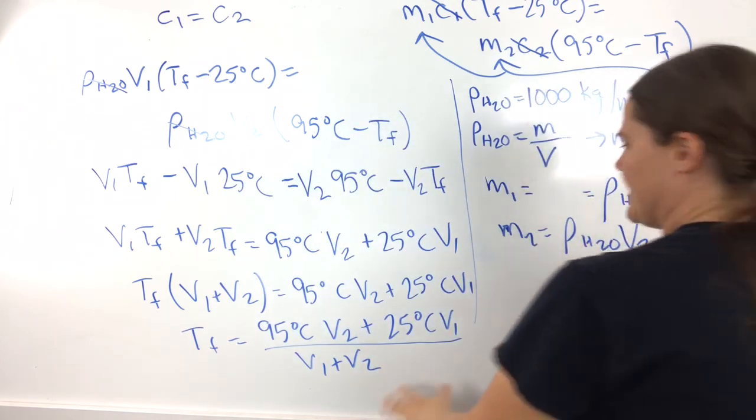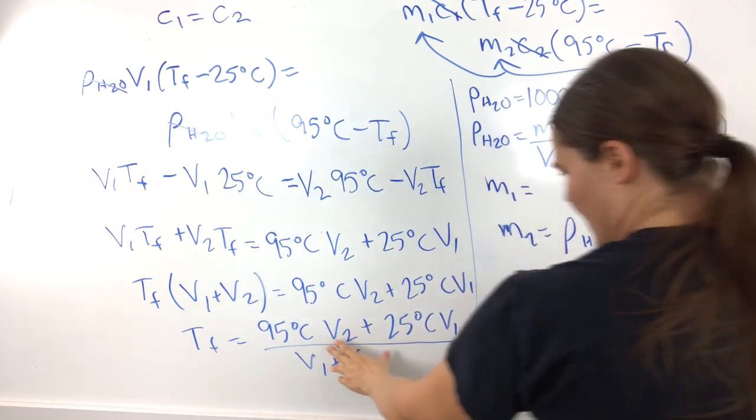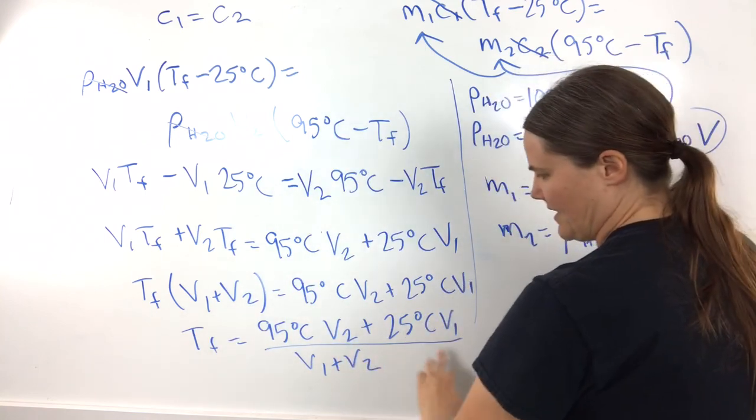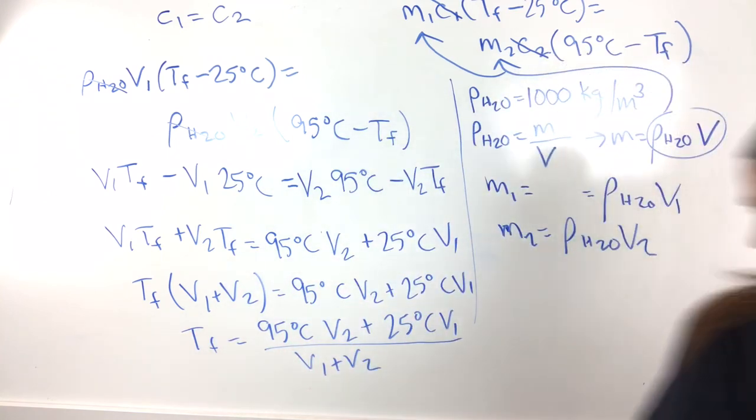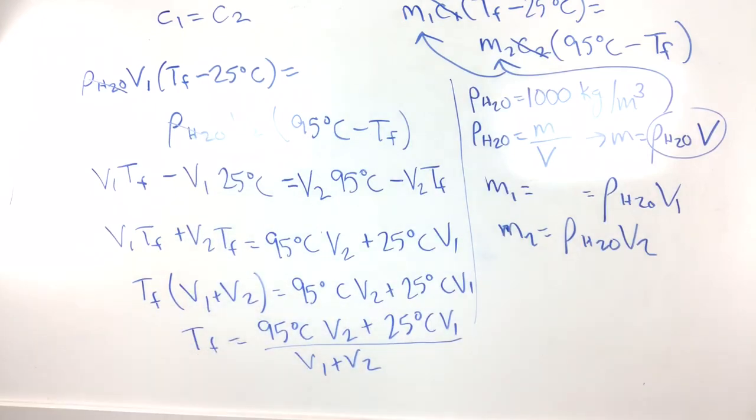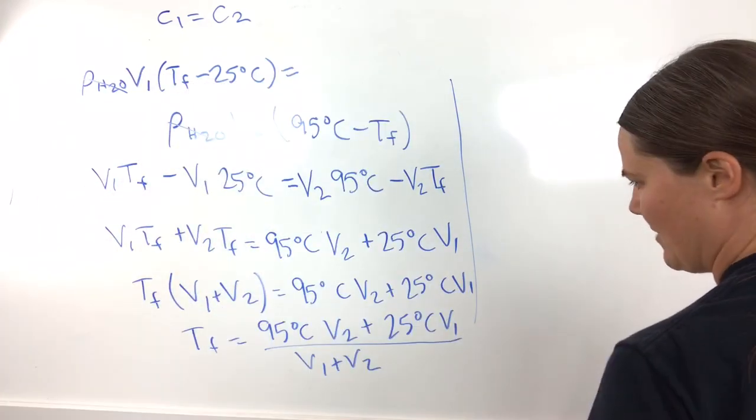So now the last thing I want to do is just put the values into this equation and solve for the final temperature. So I'm going to erase some things real quick. So I'm going to put in my values.